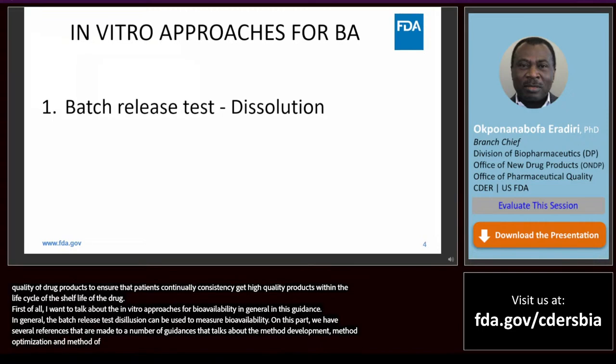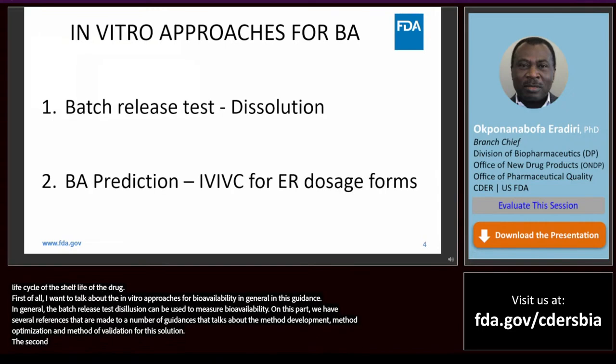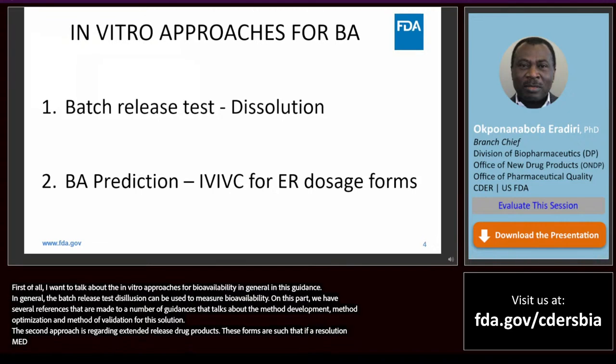The second approach is regarding extended release drug products. These dosage forms are such that if a dissolution method is developed to have predictive characteristics, in other words, if the dissolution method can be biopredictive, then an in vitro in vivo correlation model can in fact be established.